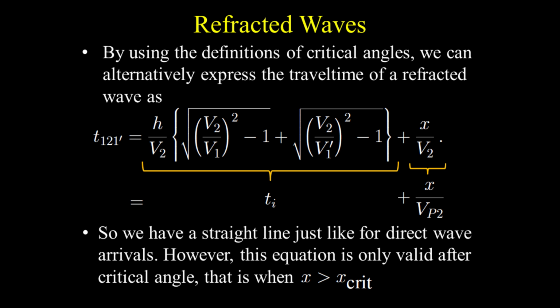So we have a straight line just like for direct wave arrivals. However, this equation is only valid after critical angle. That is, when x is greater than x critical, which we will define next.